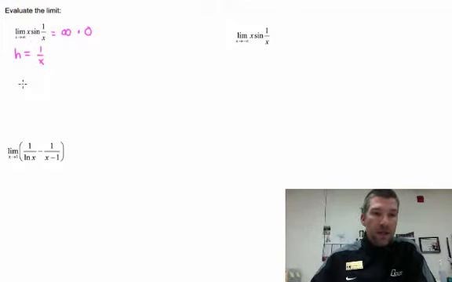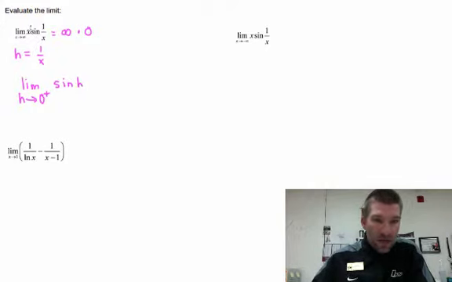So that means now that I have the limit, I don't have infinity anymore, but now I've got h, and as x gets really large, h actually approaches 0. Okay, and again, we're going towards the right-hand side of this because we're talking about positive infinity. So I've got the sine of h.